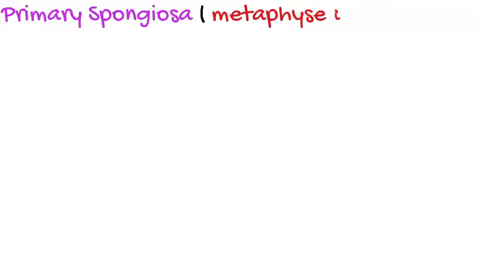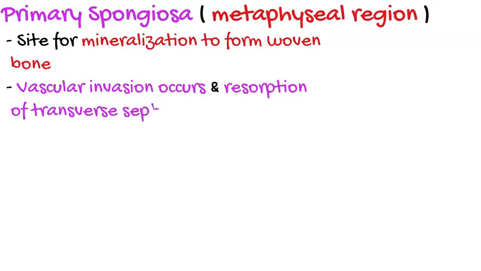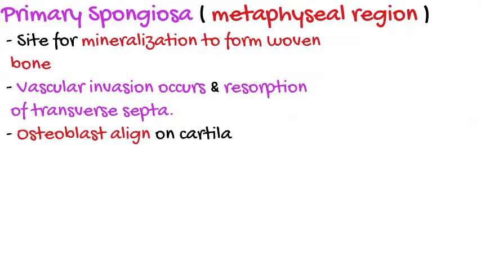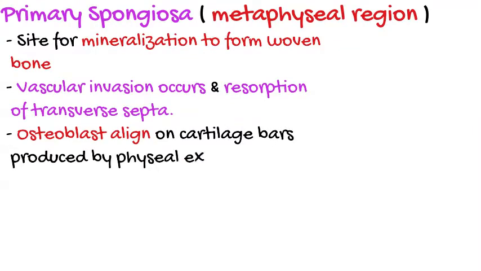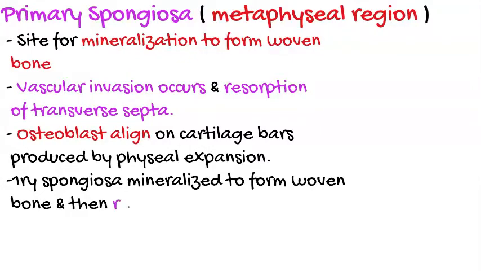In the metaphyseal region, there are the primary and secondary spongiosa. The primary spongiosa is a site for mineralization to form woven bone. Vascular invasion will occur in this region, and resorption of the transverse septa will occur.